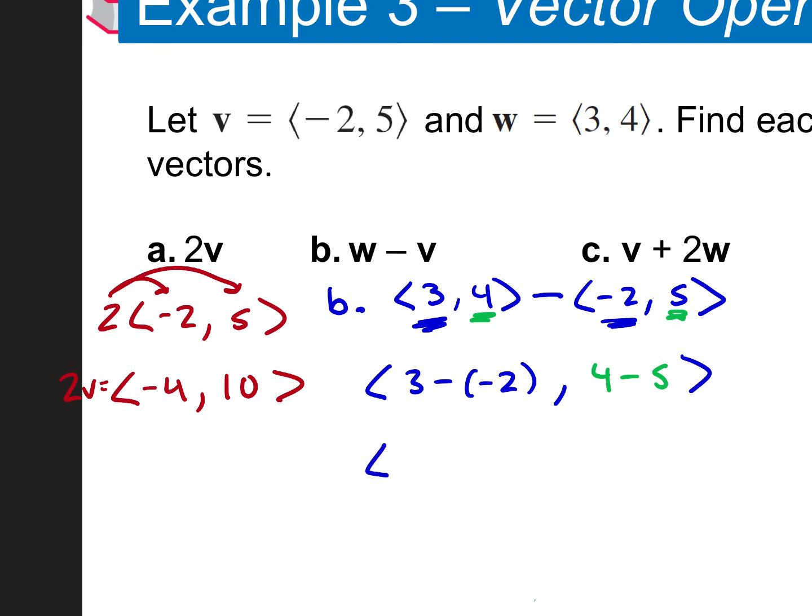So what's 3 minus -2? 5. Because minus a negative turns into a plus. So you're not foiling, you're just doing first and last, basically? Yeah. And then 4 minus 5 would be -1. So this is w minus v.